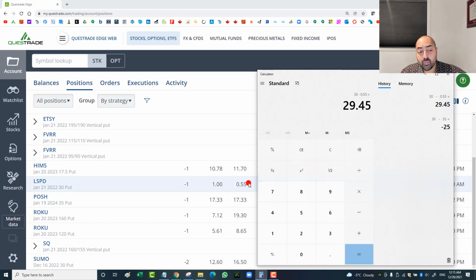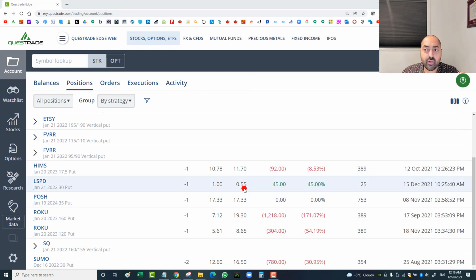That puts my break even at around 29.45, exactly 30 minus 0.55. So I'll have to buy 100 shares at whatever the price is and then sell a call. The call that I'm going to sell has to bring down my net cost all the way down to 29.45. So let's try that.